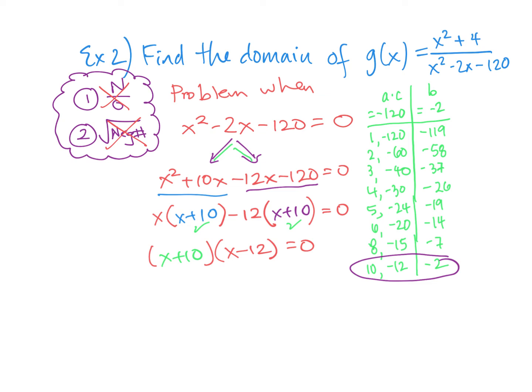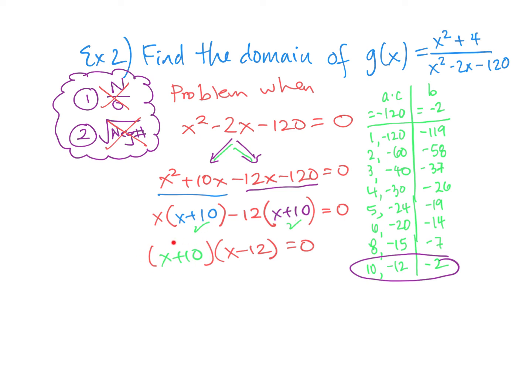The magic pair of numbers that I found that multiplied together to get me negative 120, that add up to get me negative 2 were positive 10 and negative 12. So I split up my negative 2x like this, did my factoring by grouping here, pulled out an x, factoring by grouping here, pulled out a negative 12. When I did that, what was left over? X plus 10, they're a match. So that's my GCF.